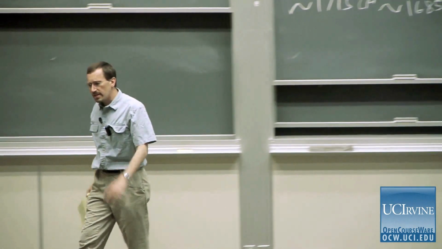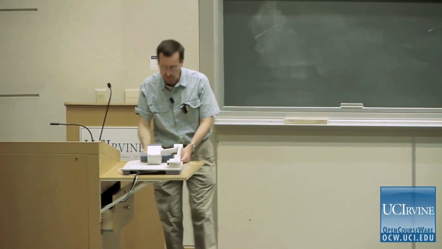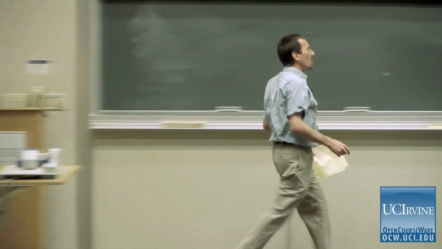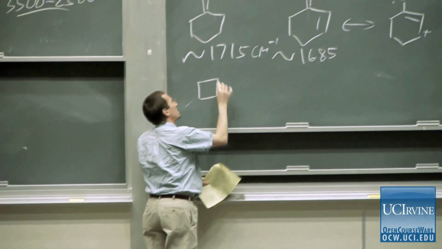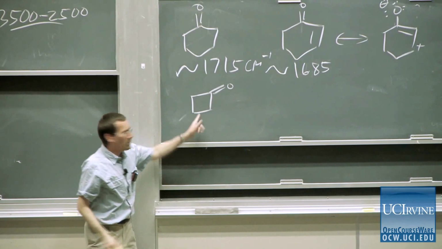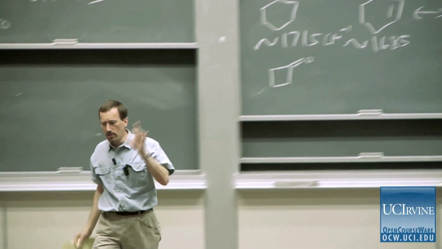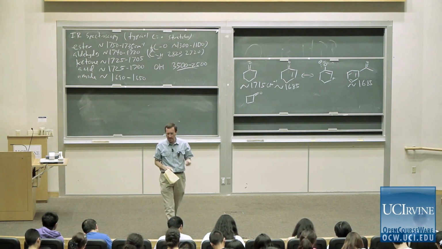Now, another thing that can change the carbonyl stretching frequency is ring strain. If you look, instead of at cyclohexanone, at cyclobutanone, now you've got a four-membered ring. Of course, the bond angles in a four-membered ring are much smaller than in a six-membered ring.